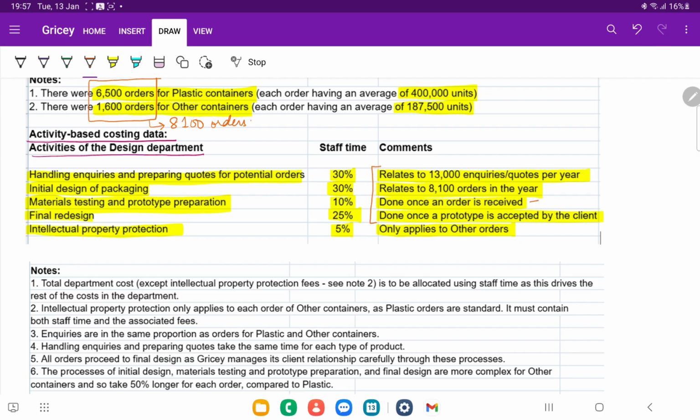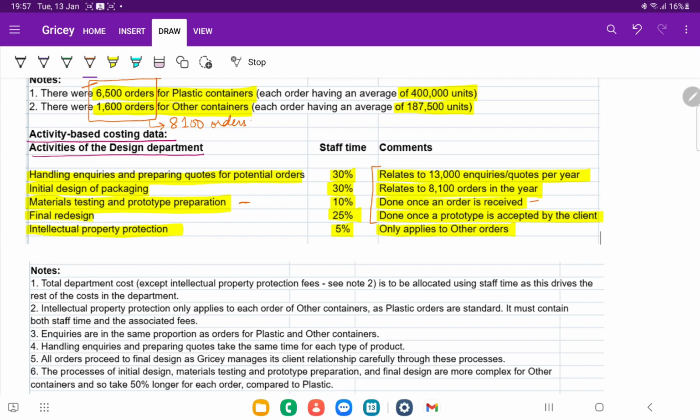So probably this means that if a product has 6500 orders, like plastic has 6500 orders, we will do material testing and prototype preparation 6,500 times for this product, right? Because this is done once an order is received. So the number of orders will be equal to the prototype preparation, right?